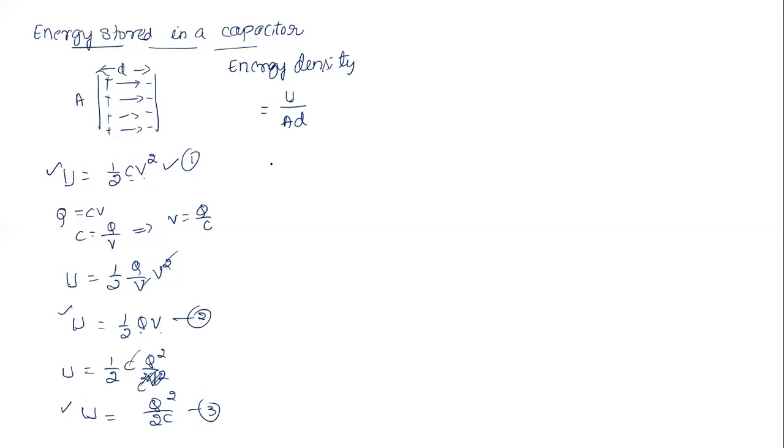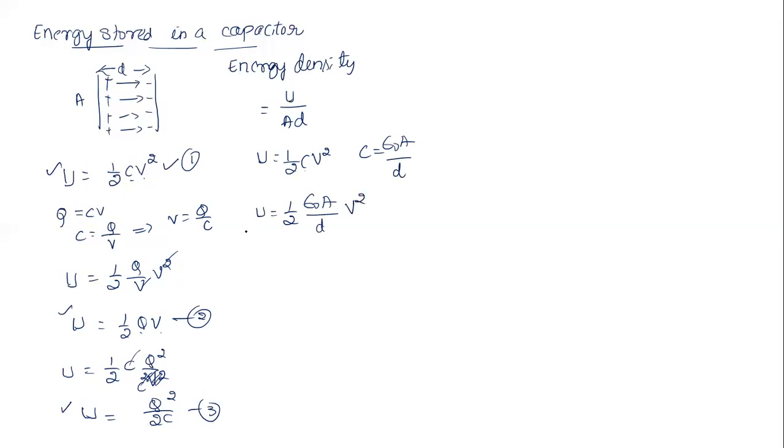Okay, how can we obtain this, sir? In a simple way we can obtain it. As we know, the energy stored is half CV square. So I'll take U equal to half CV square, where C is the capacitance of a capacitor given by epsilon naught A by D. So we insert here, it is 1 by 2 epsilon naught A by D into V square.